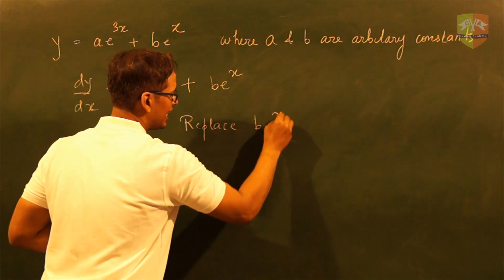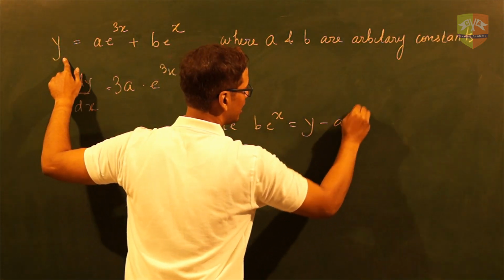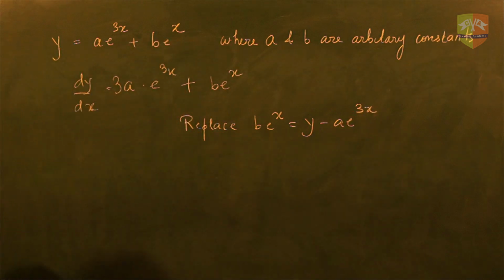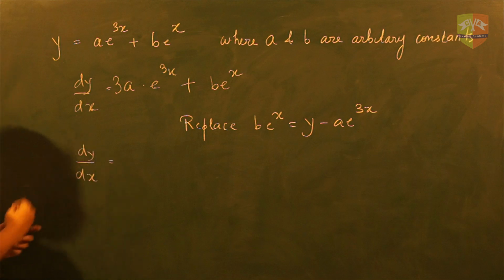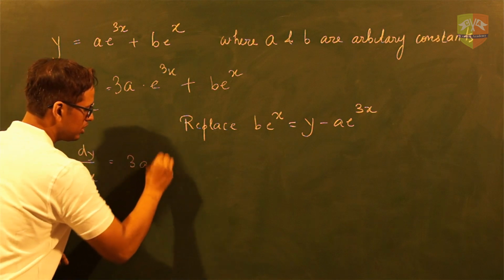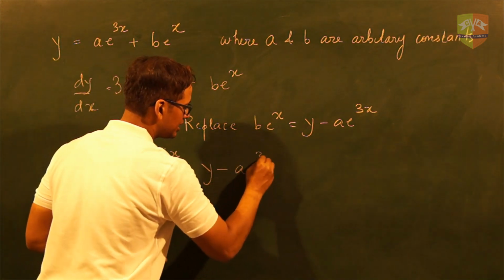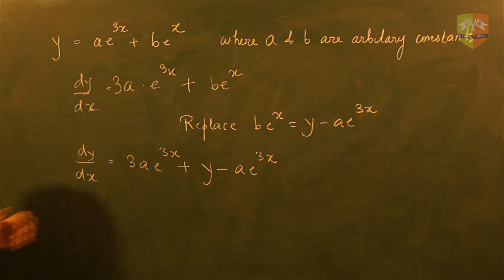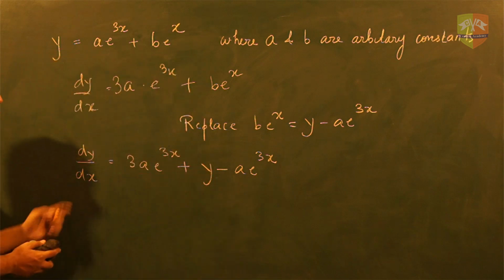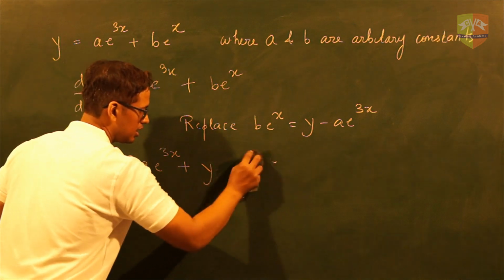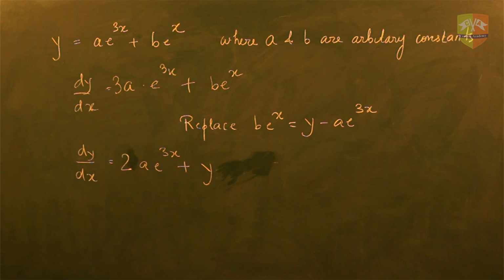So I'm going to replace it over here. So I can say dy by dx is equal to 3a e to the power 3x plus y minus a e to the power 3x. On slight simplification, I can club these two terms and write it as dy by dx equal to y plus 2 times a e to the power 3x.